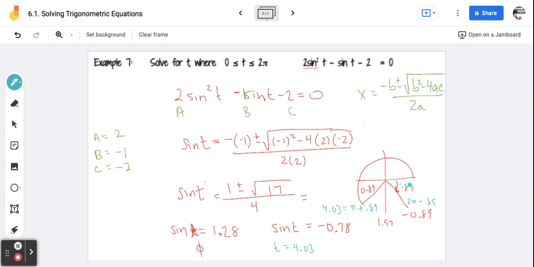So it's all the distance around minus the reference angle. 2 pi minus 0.89 is equal to 5.59. So this angle would really be, in a positive direction, 5.59. So you've got 4.03 and 5.59.